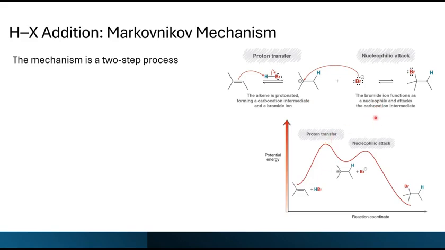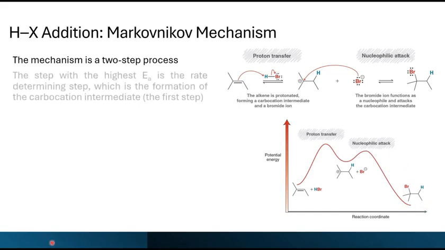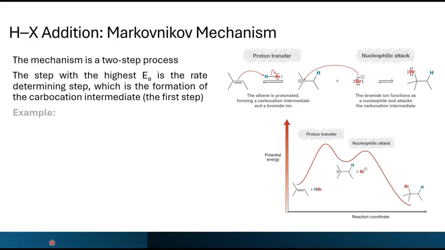Then there's going to be a nucleophilic attack. The bromide ion functions as a nucleophile and attacks the carbocation intermediate, resulting in the alkyl halide. The step with the highest energy of activation is the rate determining step, which again is the formation of the carbocation intermediate, in this case the first step.